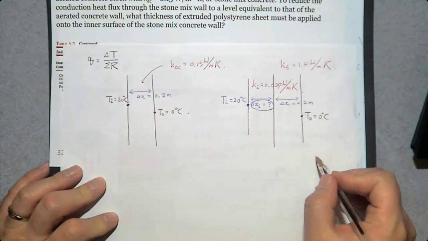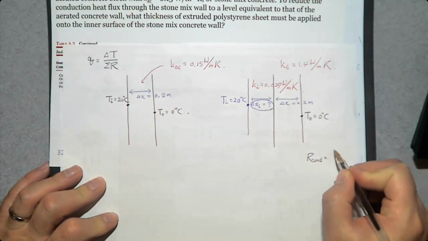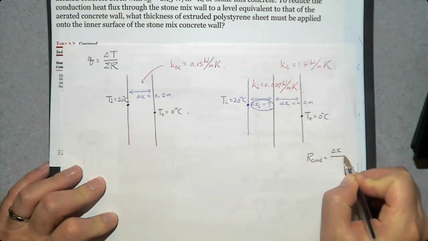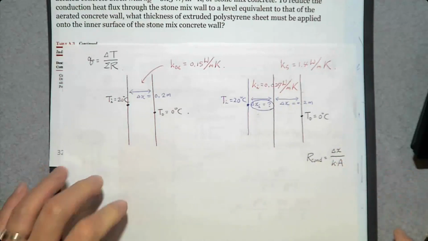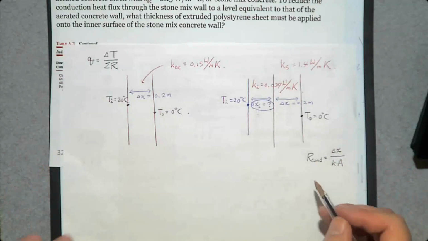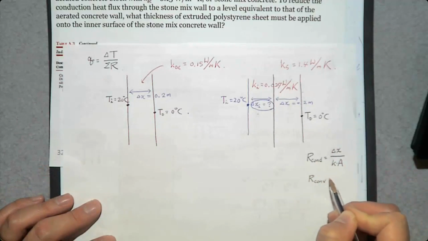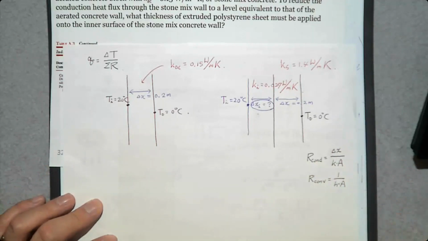Just for your information, the resistance by conduction is going to be delta X, the thickness of this solid, divided by thermal conductivity K times the cross-sectional area A. Just for your information, convection resistance, R of convection, is going to be 1 over h, the convective heat transfer coefficient, times area.